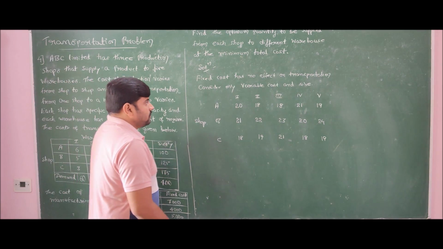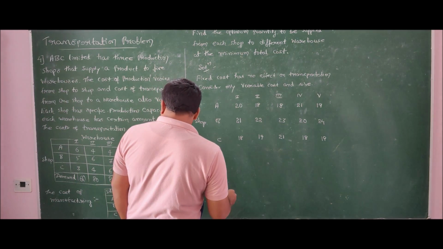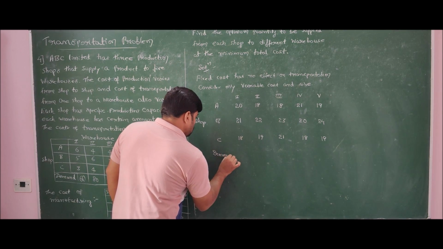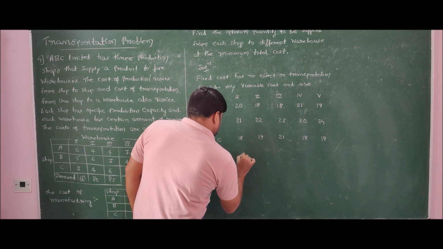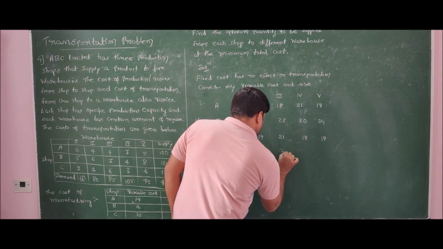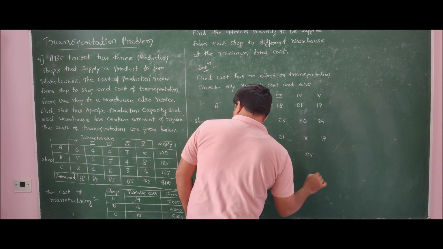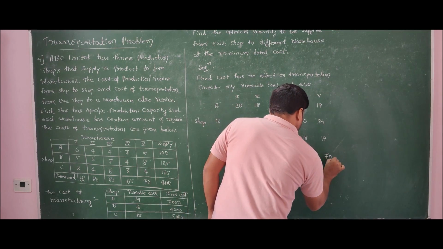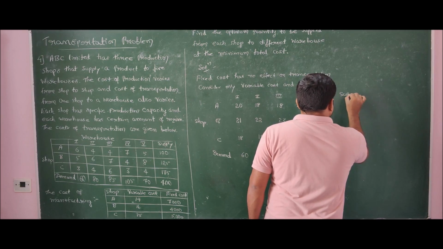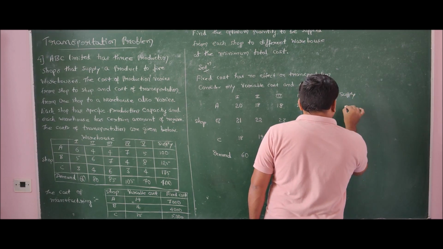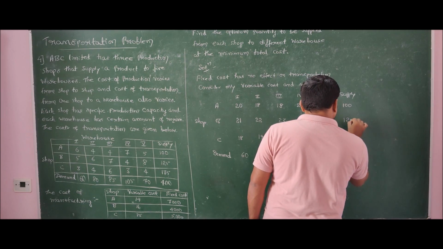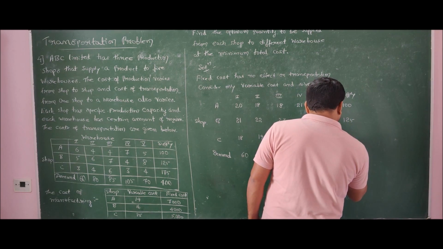Done. So for this transportation matrix, the demand is 60, 80, 85, 105 and 70. Coming to supply, it is 100, then 125, then 175.